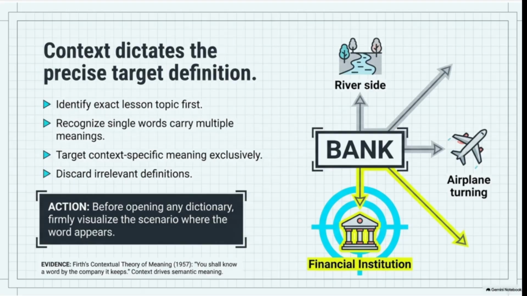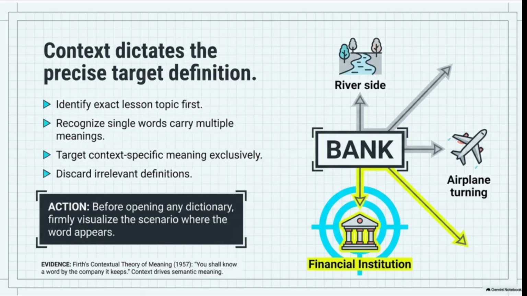For example, take the word bank. A bank can be a financial institution, but a bank can also mean the side of a river. So if our lesson sentence is, "We sat on the river bank," we need to check the meaning connected with the river. The same principle applies to vocabulary such as light, run, match, break, and many other words.